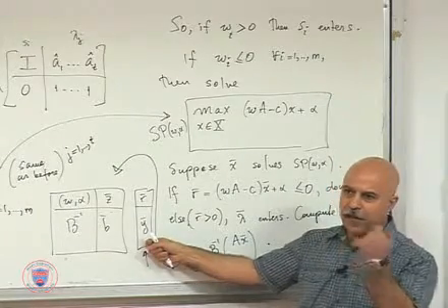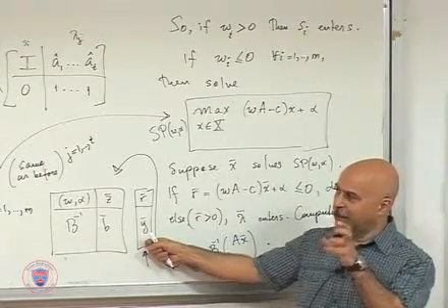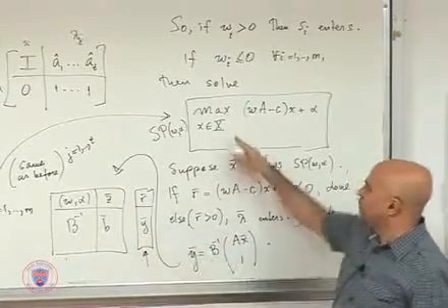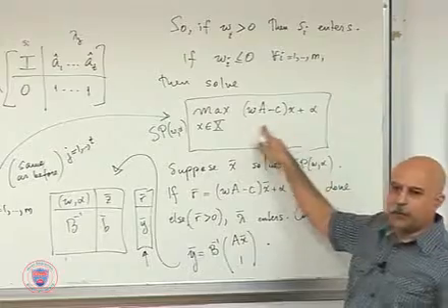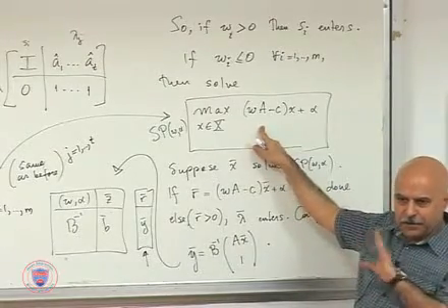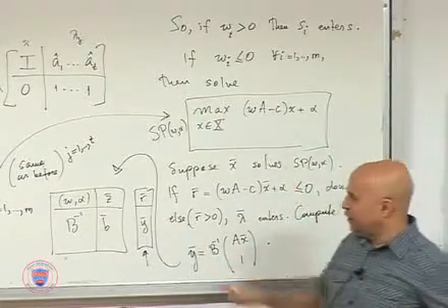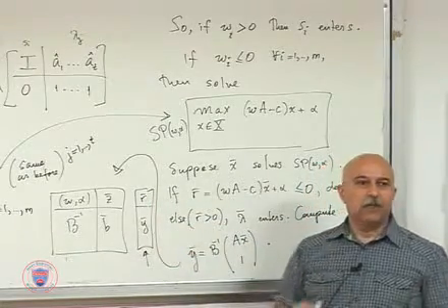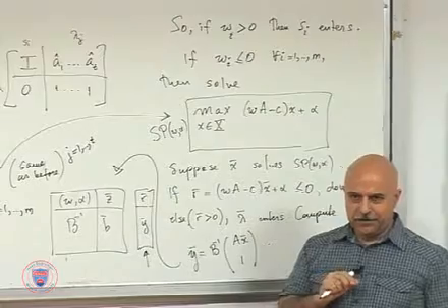By assumption, capital X is assumed to be bounded here, so this cannot have an unbounded solution, okay? For this reason, you're not going to encounter an unboundedness situation here.